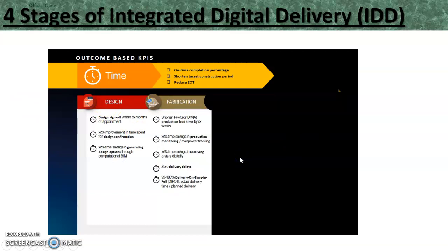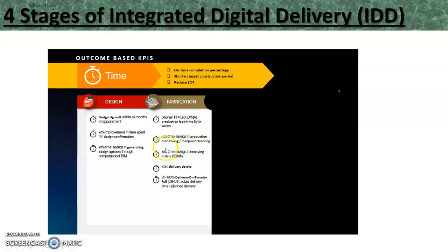For the fabrication team, they could say that in order to meet the specific KPI on time reduction, they are going to shorten this PPVC or DFMA production lead time by certain weeks. They want to have a certain percentage of time savings in the production monitoring and manpower tracking.